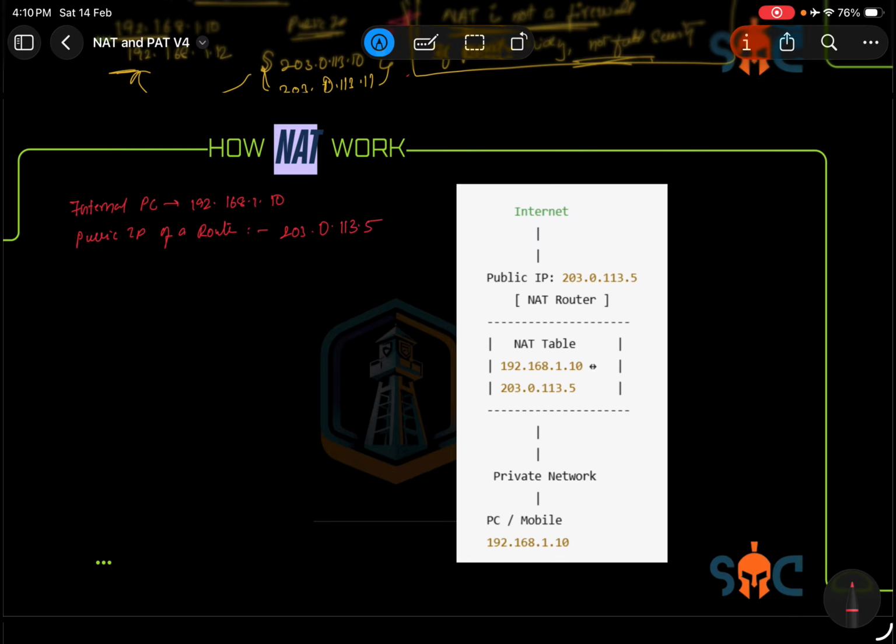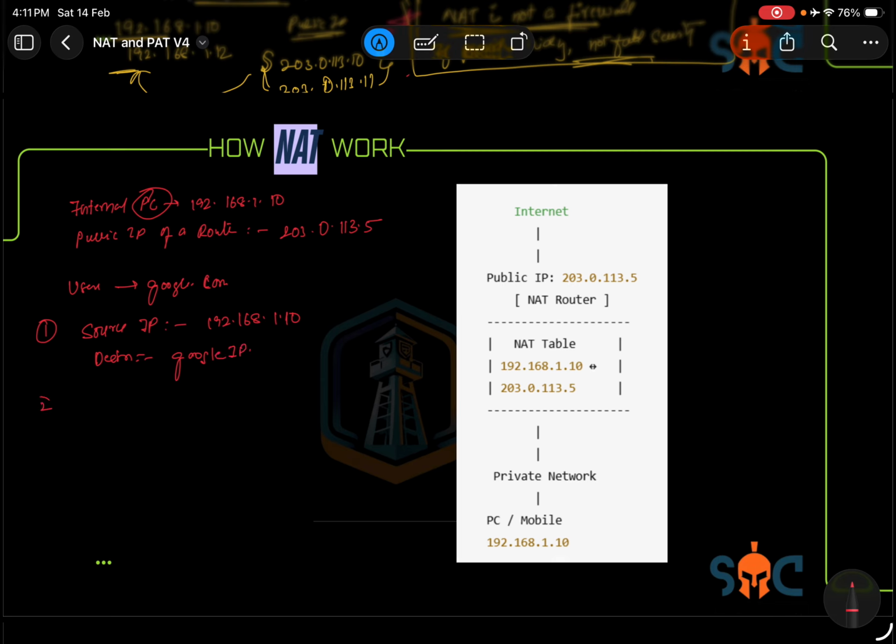Okay, so when the user visits google.com, what's going to happen is, in the first step, the source IP is the private IP address assigned to the PC, and the destination IP is the Google IP.